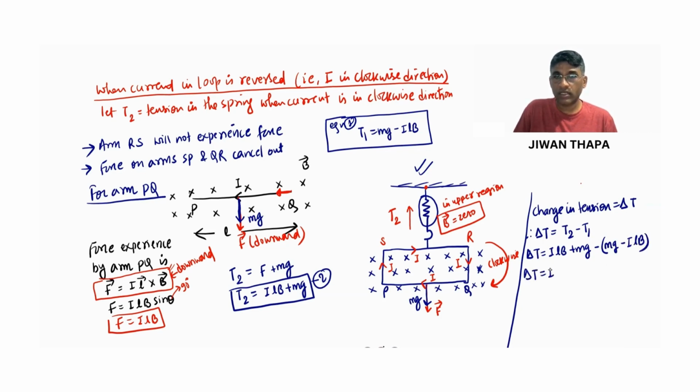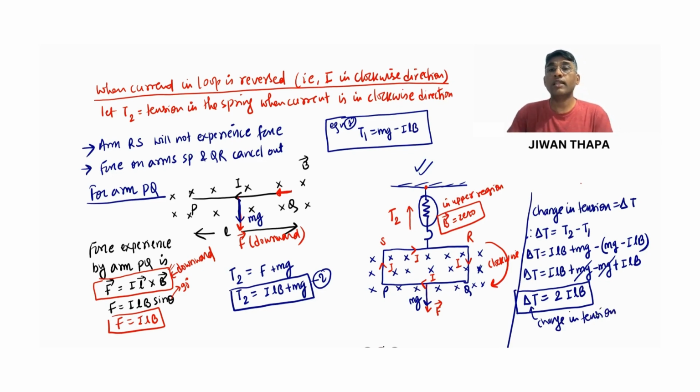So delta T equals ILB plus mg minus mg plus ILB. So mg cancels out. Therefore, change in tension delta T equals 2 times ILB. So this is the change in tension in the spring.